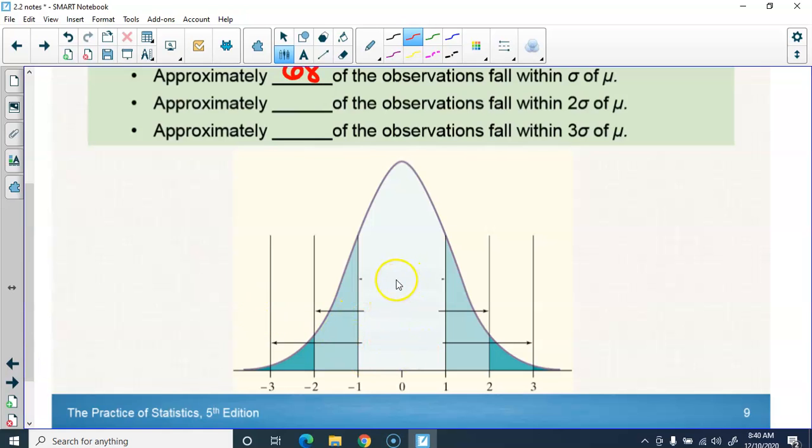So looking at this curve down here, this is our mean in the middle, 0, telling us that we're 0 sigma, 0 standard deviations away from the mean. So this is 1 standard deviation out in this white area here. I guess we should label that as the 68%.